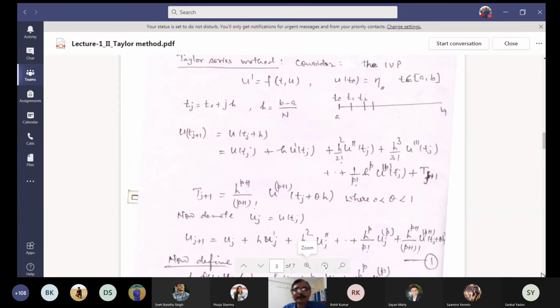Okay. So the Taylor expansion of u(t_{j+1}) is written here. u(t_{j+1}) equals u(t_j) plus h u'(t_j) plus h square by 2 factorial u''(t_j) and so on.